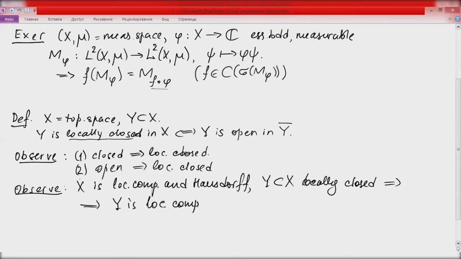This readily follows from the fact that a closed subset of a locally compact space is locally compact, and an open subset of a Hausdorff locally compact space is also locally compact. So if Y is locally closed, we see that Y bar, the closure of Y, is locally compact, and Y is also locally compact because it is an open subset of its closure.